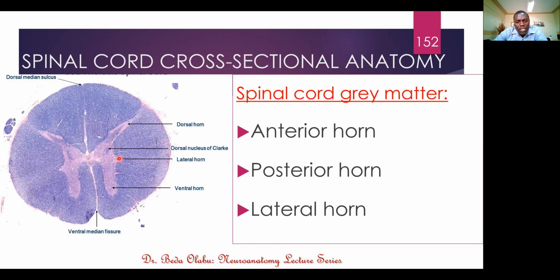So S2, S3, and S4 are parasympathetic to the visceral organs of the pelvis. So those are the regions that we'll expect to have a lateral horn, because they're the ones that give rise to autonomic neurons.